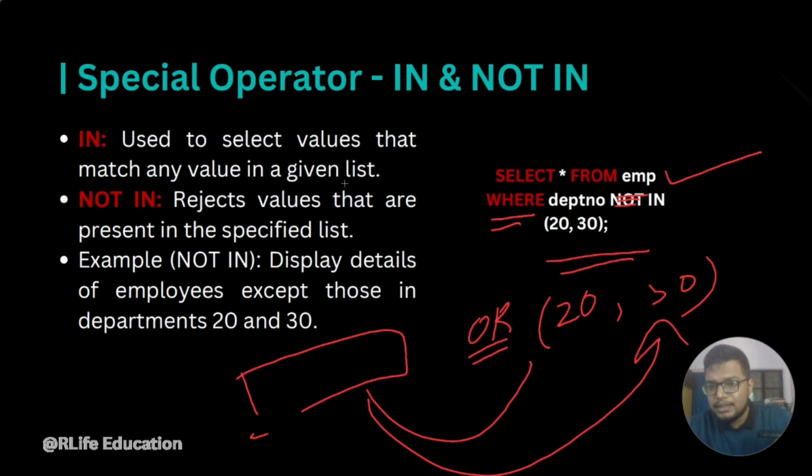That means in this IN operator we provide two values, 20 and 30. If the employee belongs to 20 or 30, it takes that data from our table. But in the case of NOT IN, it rejects that particular value. This is the biggest difference between IN and NOT IN. In the case of the IN operator, it selects the value. In the case of NOT IN, it rejects the value.